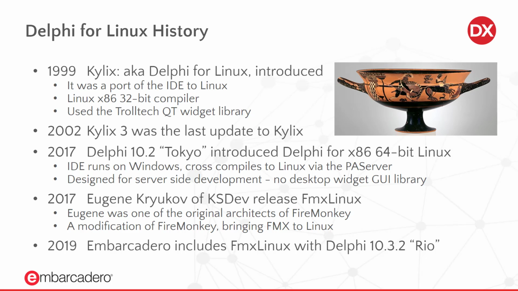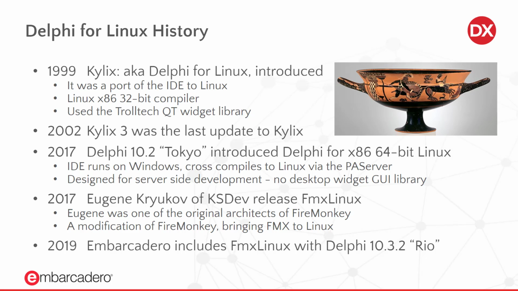So PAServer runs on the Linux computer, and you compile on Windows, and then you can deploy through the PAServer and debug through the PAServer. It was released with only support for server-side development, like web servers, server modules, console applications, stuff like that. That was kind of what we saw as the primary use of Linux. There was no desktop widget GUI library.